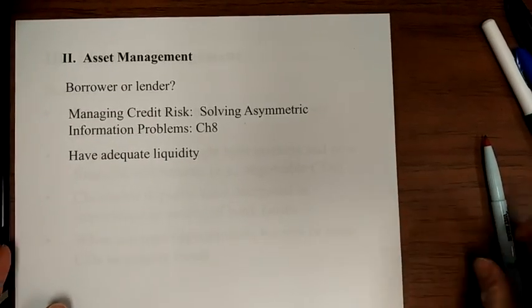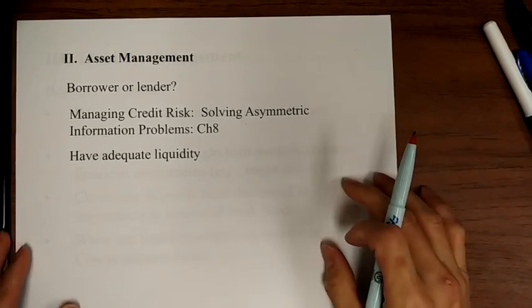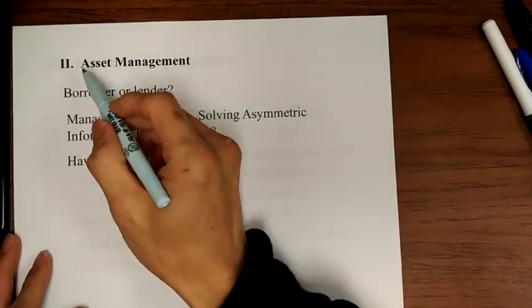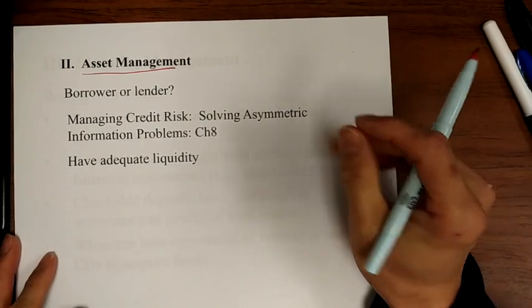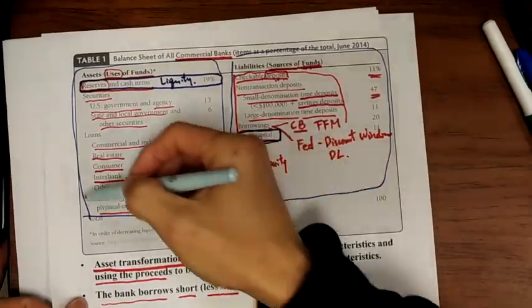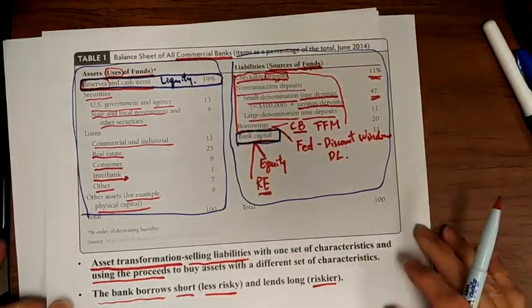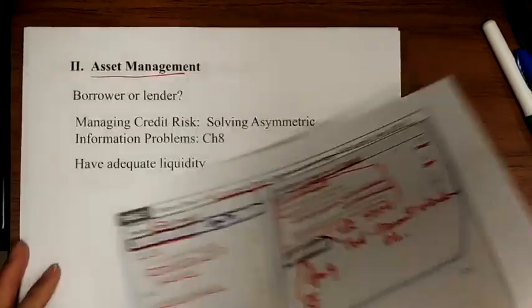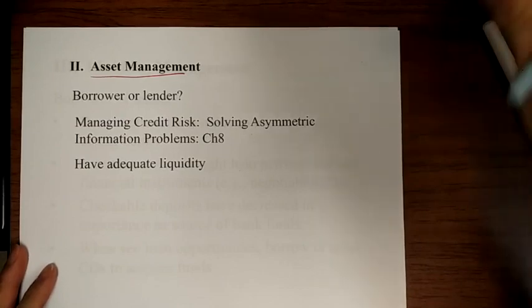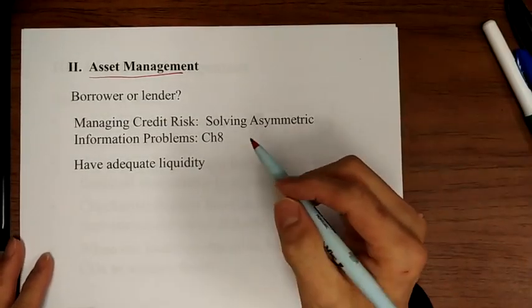The second type of job that you may get in a bank is to be an asset manager. If you are an asset manager, then you are in charge of the left-hand side of the balance sheet. So your job is to buy assets.